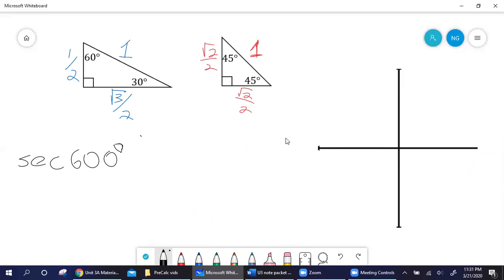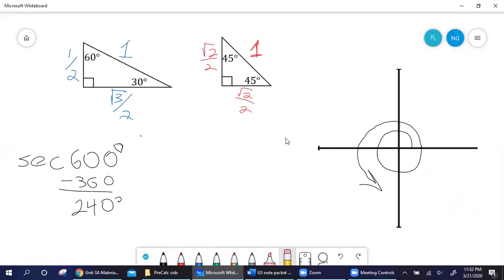Well, 600 degrees is more than 360. So if I were to subtract off 360, that would leave me with 240. So this is a full spin and then 240 more degrees, which will put me down here in the third quadrant.